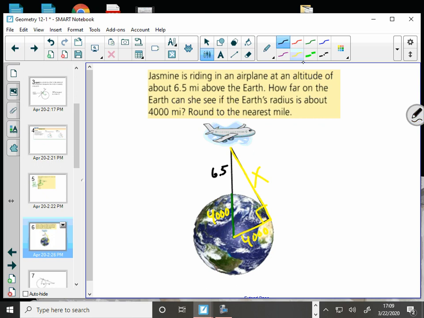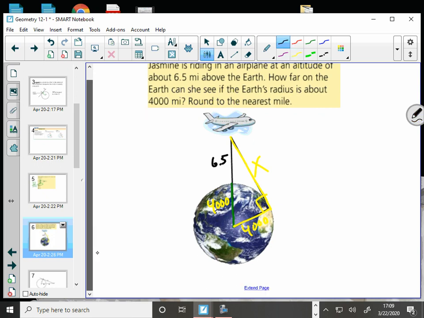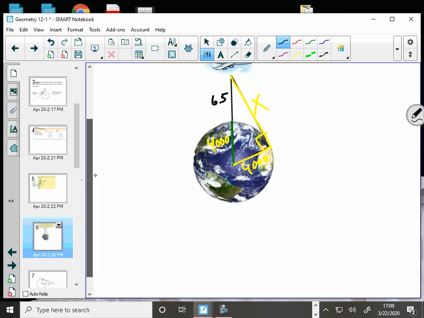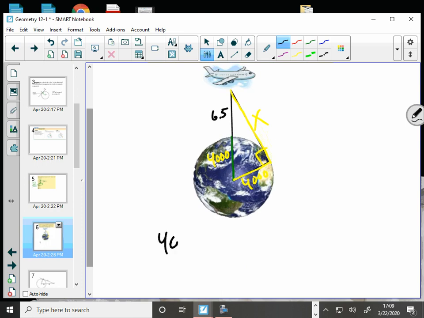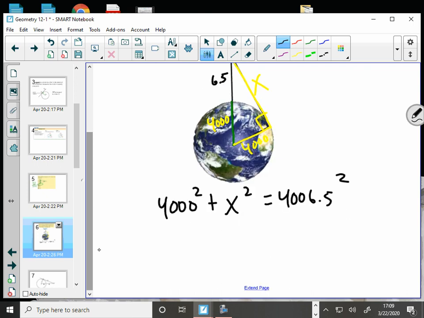So we would work this problem like this. 4,000 squared plus x squared equals the length of the black segment, and the green segment is 4,000 plus 6.5, 4,006.5 squared. Now, I don't have a calculator with me to finish that problem.